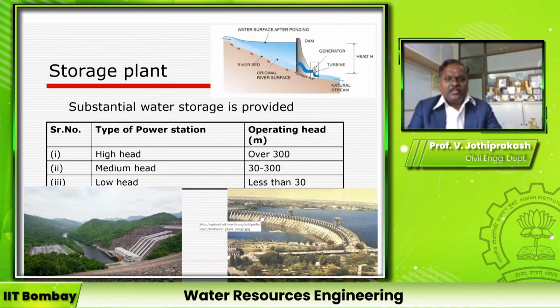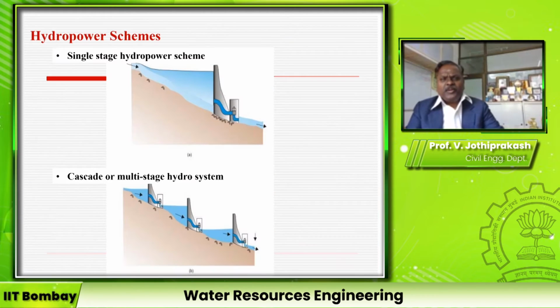Okay, so this is an example of the penstock coming out from a dam. Storage power plant itself has two components. One is single stage hydropower. That means you construct the dam for very large height, a single dam, and store the water and produce electricity. On the other hand, if the area of submergence is not available, or there is an environmental impact of a large dam, then you construct a series of small dams.